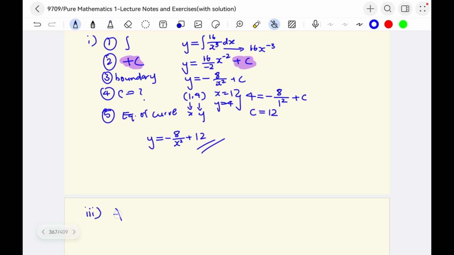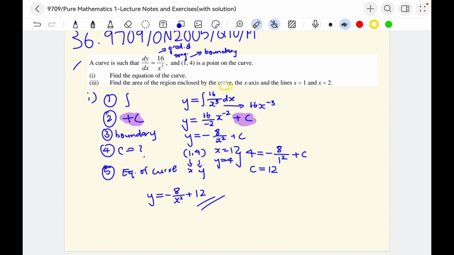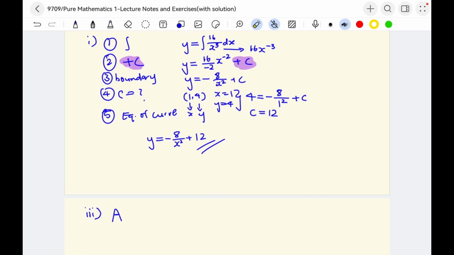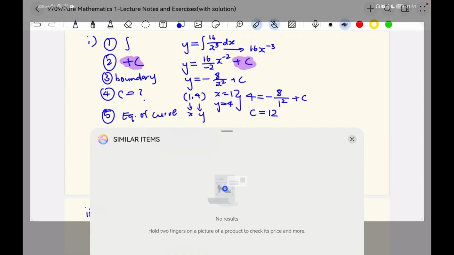So the area of the region enclosed by the curve, the x-axis, and the lines x equals 1 and x equals 2. Until here, you don't have to draw the graph, because it is a significant time consumption.